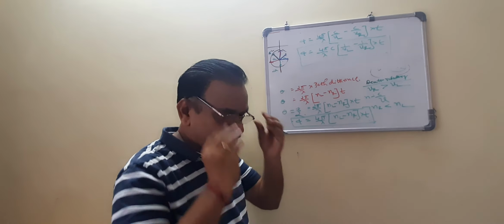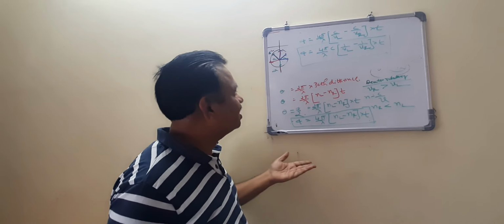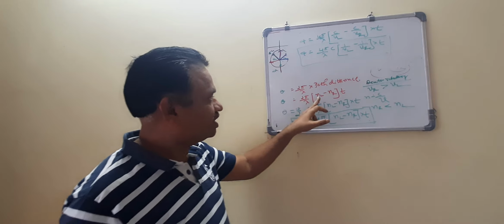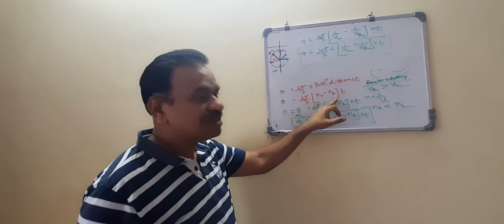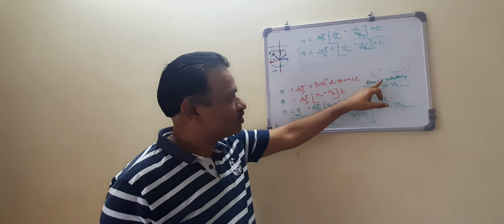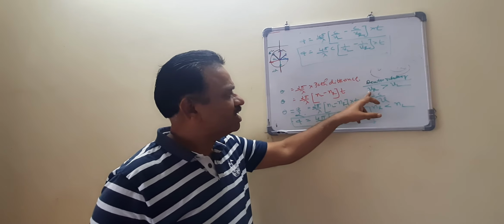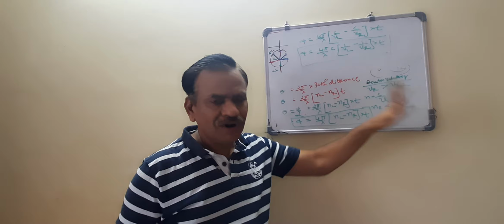I hope that is clear for you. It is also important from the point of view of examination. The confusion here is NL minus NR, because I have taken a dextrorotatory solution, where VR is greater than VL.